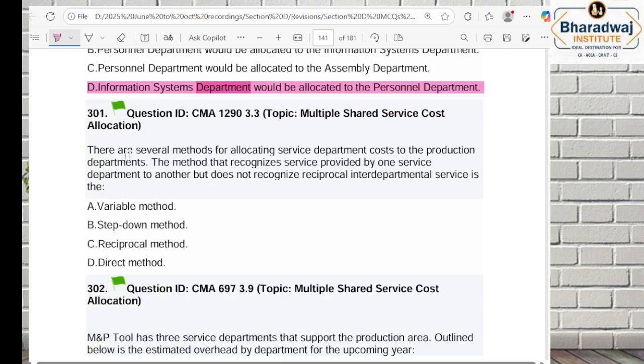There are several methods of allocating service department cost to production departments. The method that recognizes one service department rendering service to another, but does not recognize reciprocal service, is the step down method. One department renders service to the other, but not the other to one. Step down method.